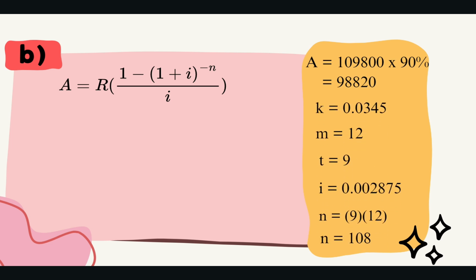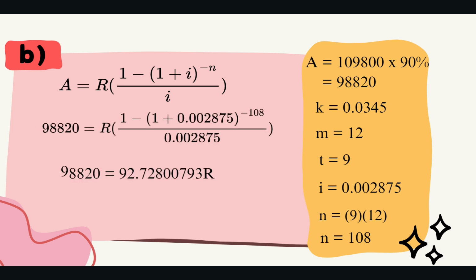K is 0.0345, M is 12, and T is 9. To find I, we need to divide 0.0345 by 12, which gives 0.002875. To find N, we need to multiply 9 by 12, which gives 108. Insert these values into the formula, and we get the value of R, which is 1,065 ringgit and 70 cents.